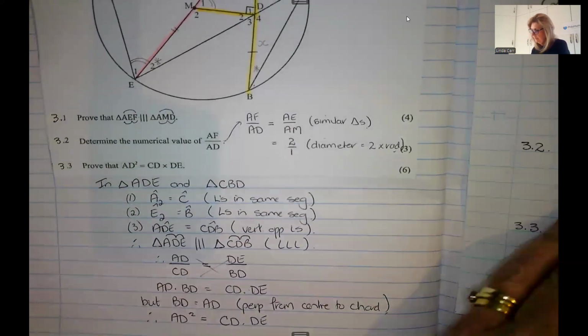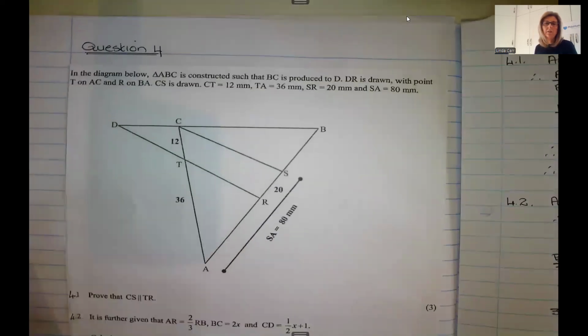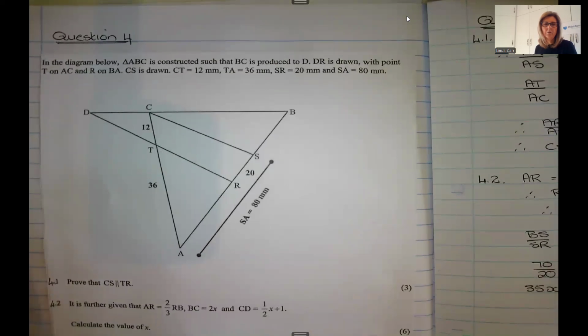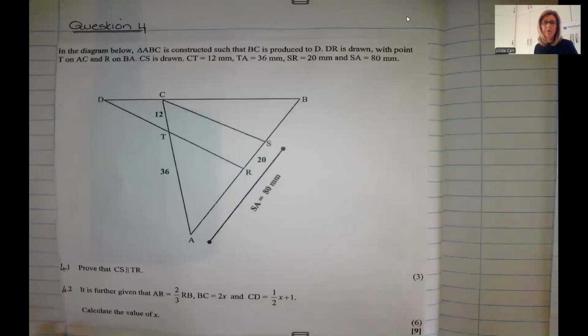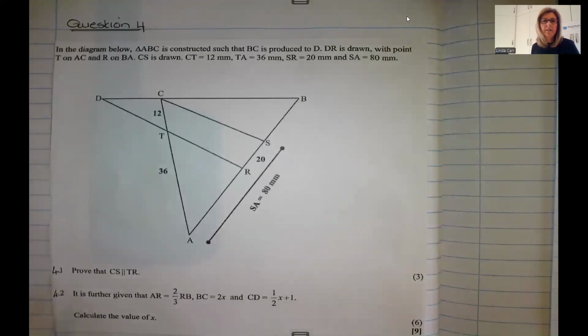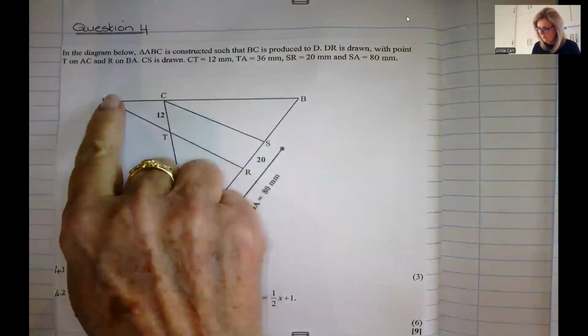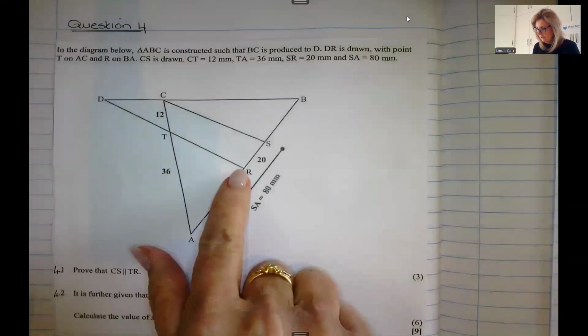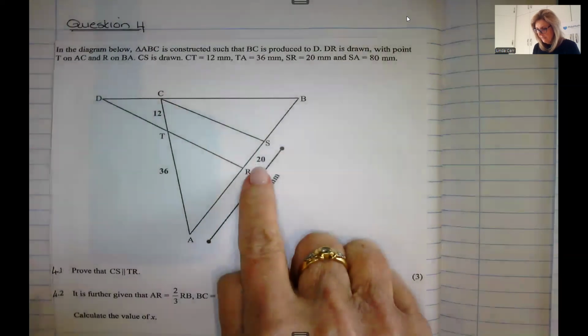Right, next up. Question 4 looks like a nice proportionality theorem question. So let's see how complicated they might have made this one for us. So in the diagram below, triangle ABC is constructed such that BC produced to D, DR is drawn, then we've got point T on AC, R is on BA, and then they've given us actual measurements.